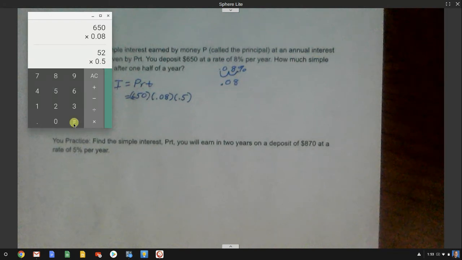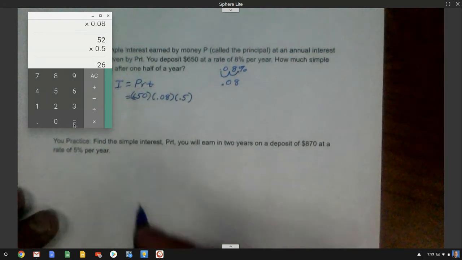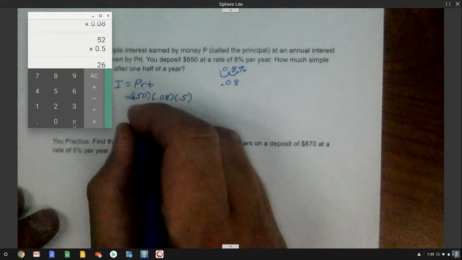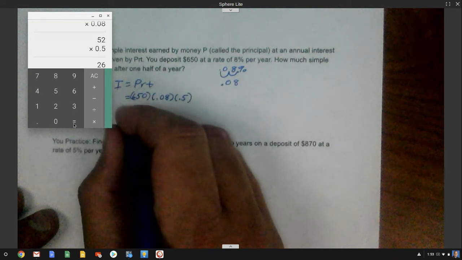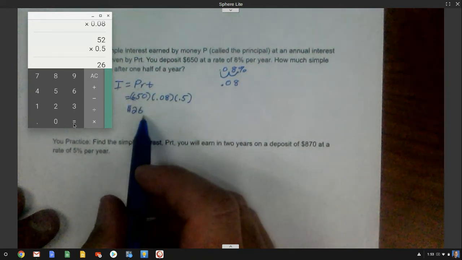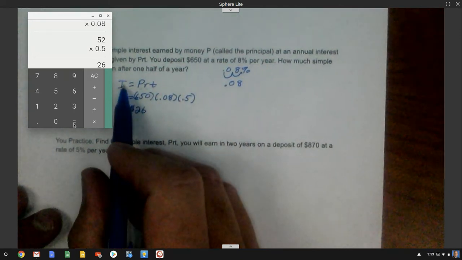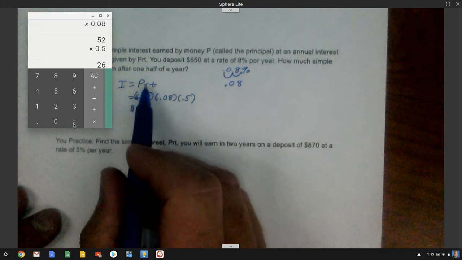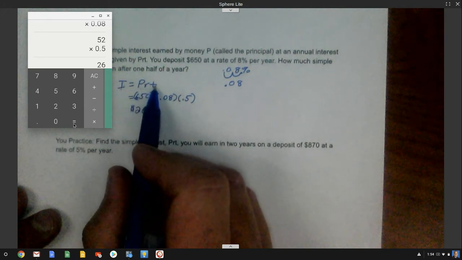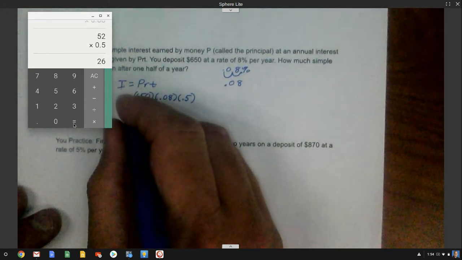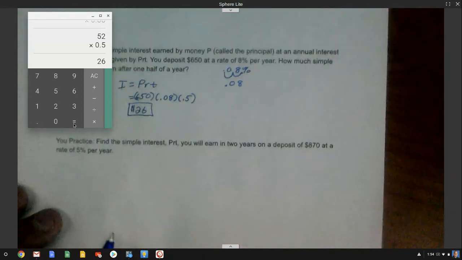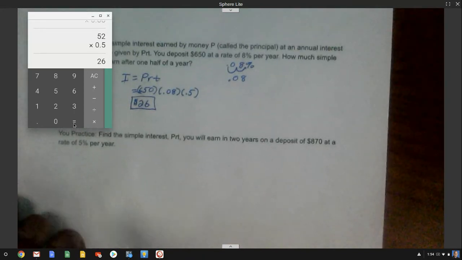If I do all these multiplications, I get 26. So this will be 26, and we said that interest is in terms of money. So the units that we have, this is terms of money, this is a percent, these are years. So $26. Go ahead and try the U practice.